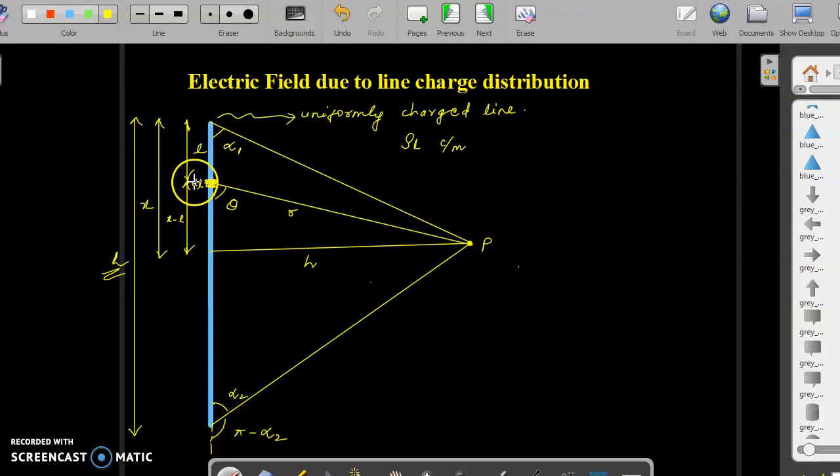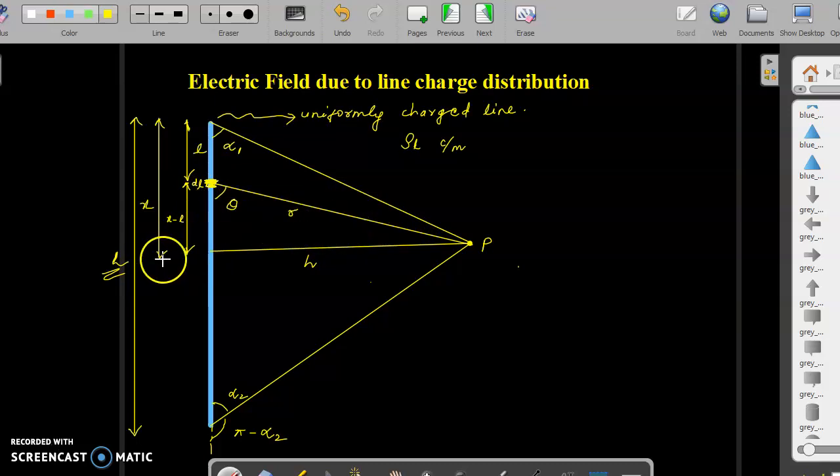Delta L is the small segment we are going to consider. So what is the electric field intensity at this point P due to the small, uniformly charged line segment, which is at a distance r from the point P, and makes an angle theta with respect to the uniformly charged line.